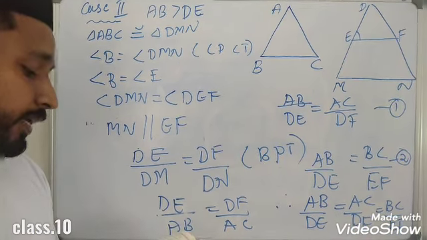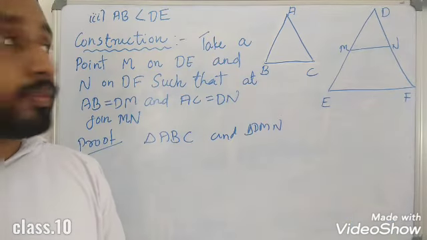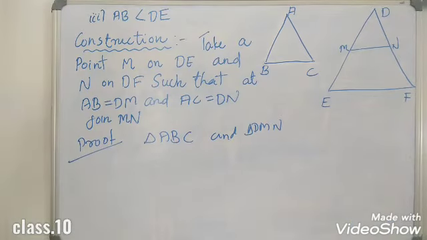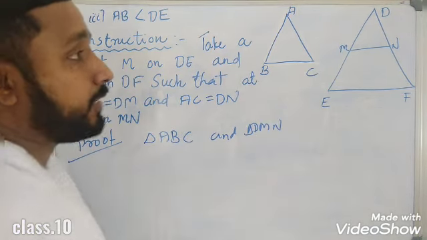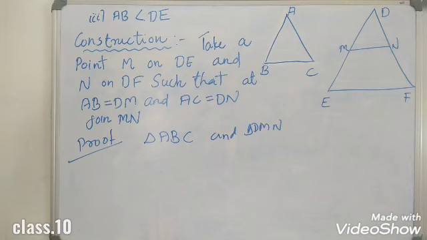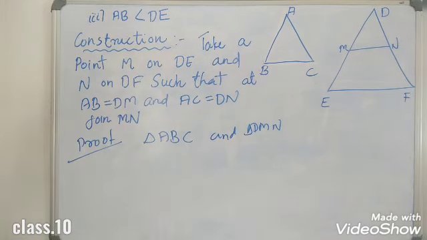We have one more case, the third case, AB less than DE. So we have triangle ABC and triangle DEF. We take AB less than DE. I think all the proofs are the same. The condition we are taking is different.